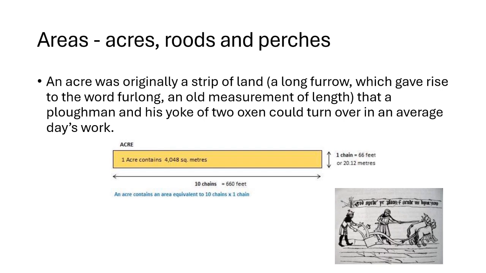In a day, generally he was able to do 10 chains long by 1 chain wide. After the workday ends, this is how much land area was plowed. So this then became the standard to call an acre. Okay, that's quite an interesting piece of history there.